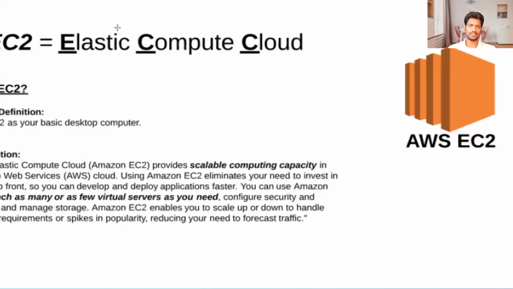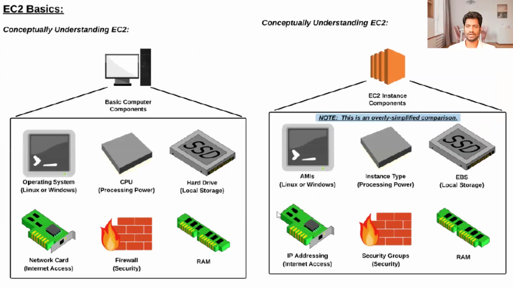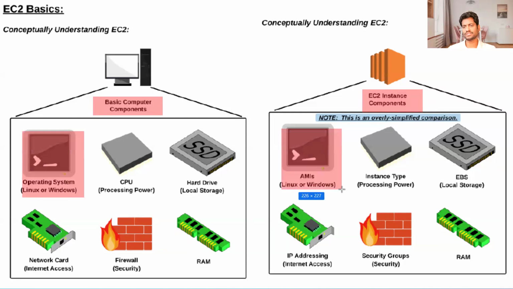Let us compare with your basic desktop. This is your basic desktop, and this is your instance. The components are the same. The same components we use in a desktop, we use in an EC2 instance also. Here the operating system, in AWS we call as AMI.